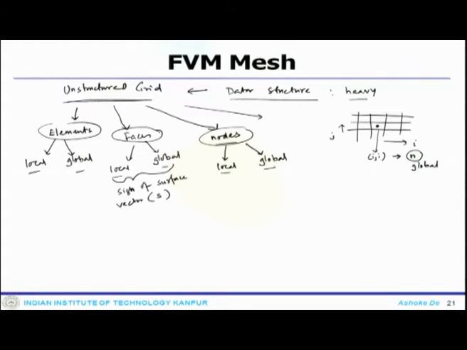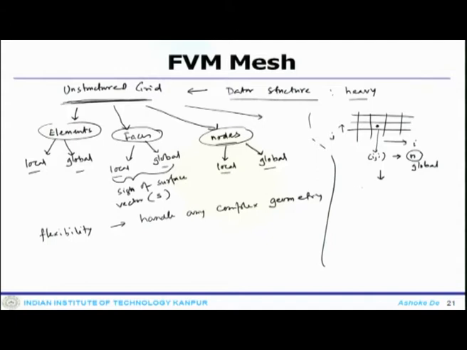But the flip side of it is that the unstructured system is where you have a lot of flexibility. Flexibility in the sense that you can handle any complex geometry. Having said that, it does not mean that in a structured system you cannot handle any complex geometry.